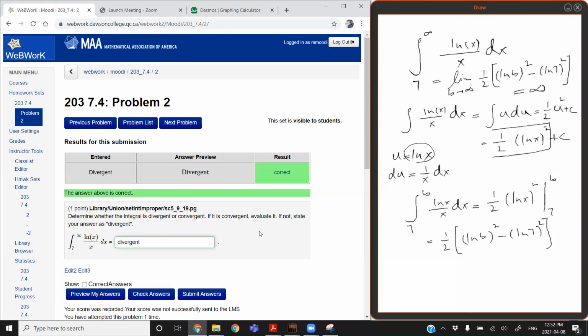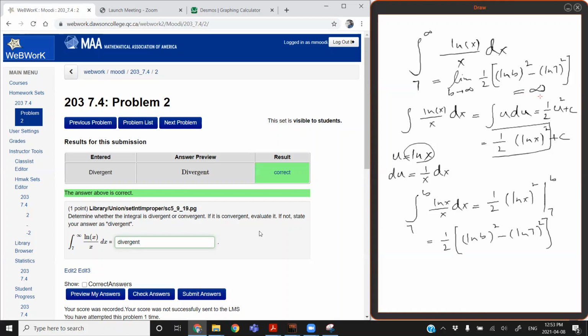When we're talking about the limit, it's like talking about the area, right? Basically we are trying to calculate an area, and that area is expressed in terms of a limit. And if that limit exists, if it's a finite number, then we know that that area is equal to that finite number.